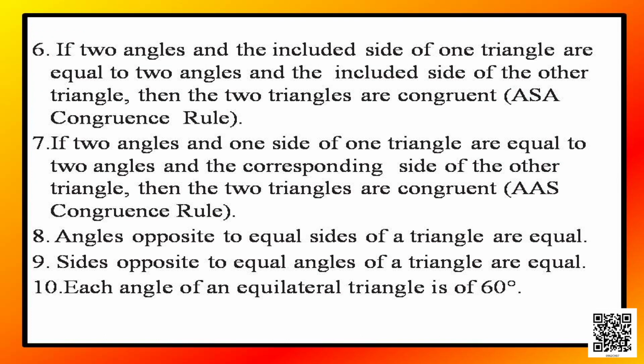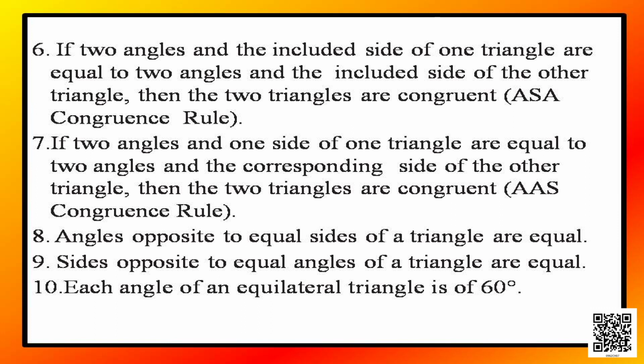6. If two angles and the included side of one triangle are equal to two angles and the included side of the other triangle, then the two triangles are congruent by ASA congruence rule. 7. If two angles and one side of one triangle are equal to two angles and the corresponding side of the other triangle, then the two triangles are congruent by AAS congruence rule. 8.